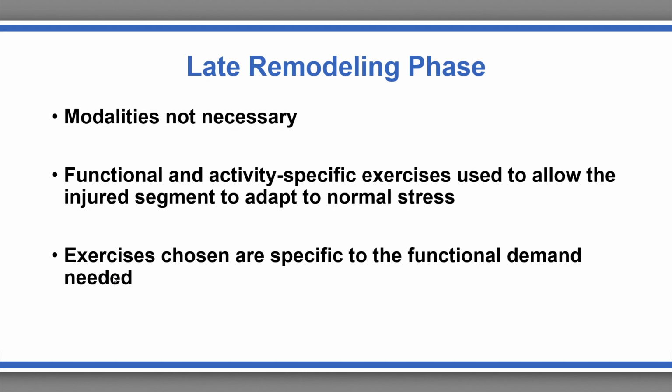And exercises should obviously be chosen that are specific to the functional demand needed. So we think about trainability and being very specific in choosing exercises that are going to essentially allow us to train our bodies to be able to do the activities that are desirable or necessary, or mimic what we were able to do prior to the injury.